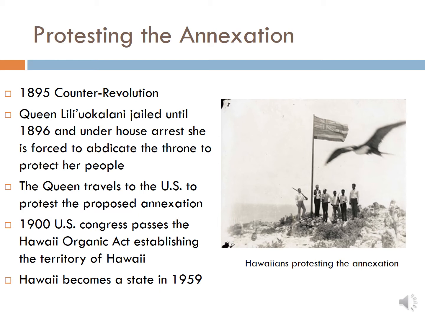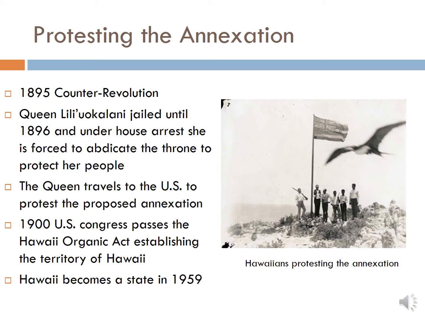Unfortunately, it is ignored. And the United States Congress votes in the year 1900 to establish Hawaii as a territory of the United States with the passage of the Hawaii Organic Act.